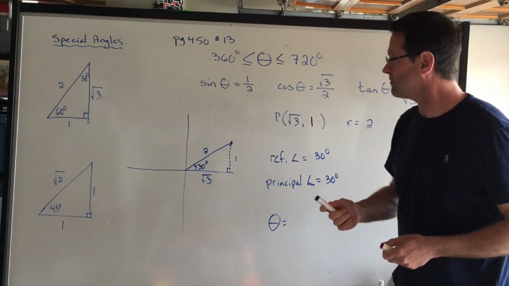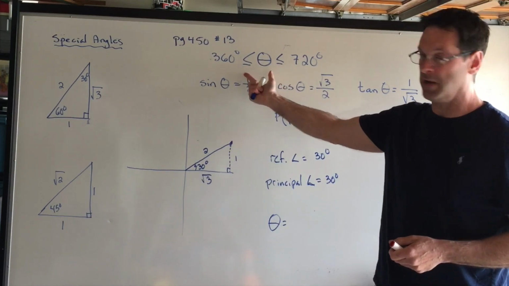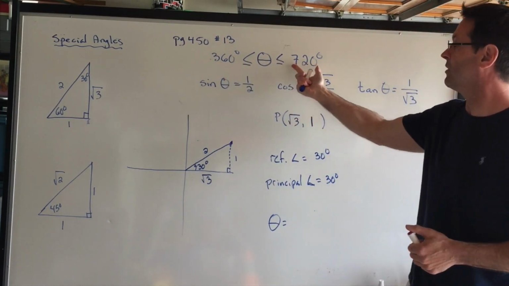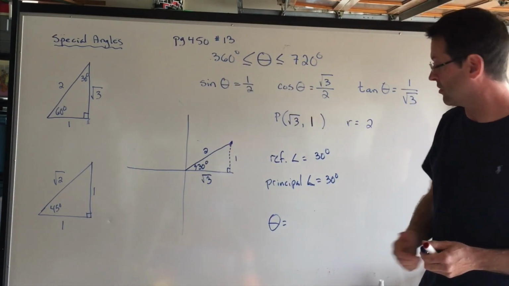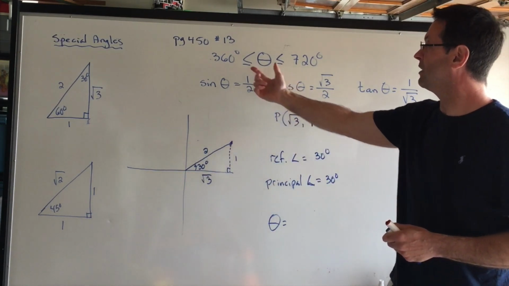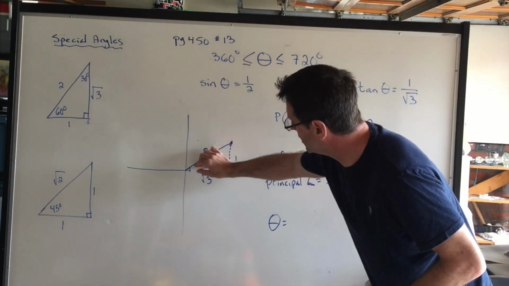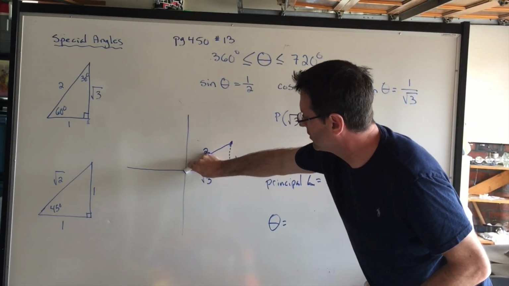Now, one problem is that our angle doesn't fit within this domain between 360 and 720 degrees. So we've got to come up with a coterminal angle to 30 degrees that falls between 360 and 720. I traveled 30 degrees to get to here.